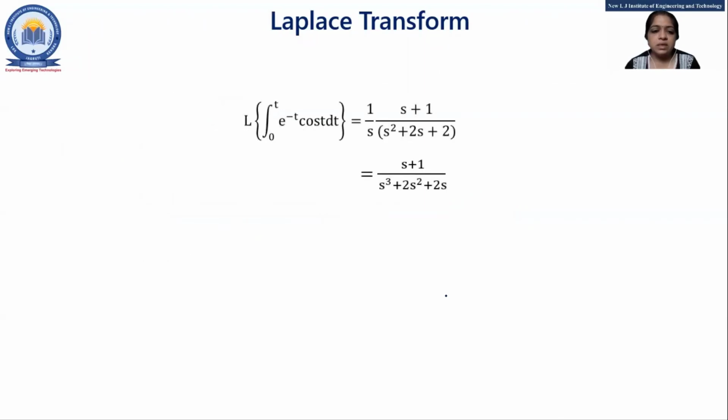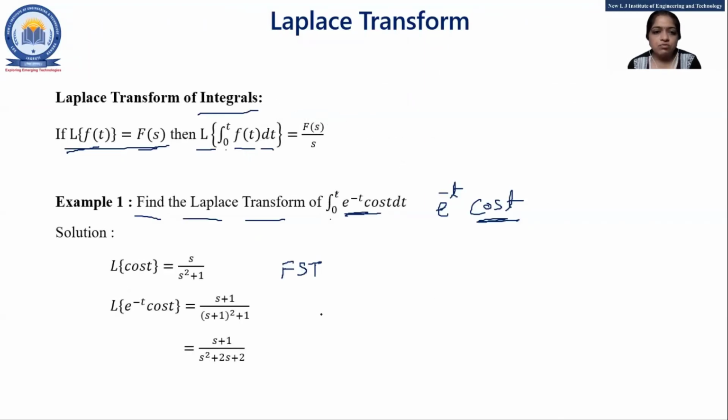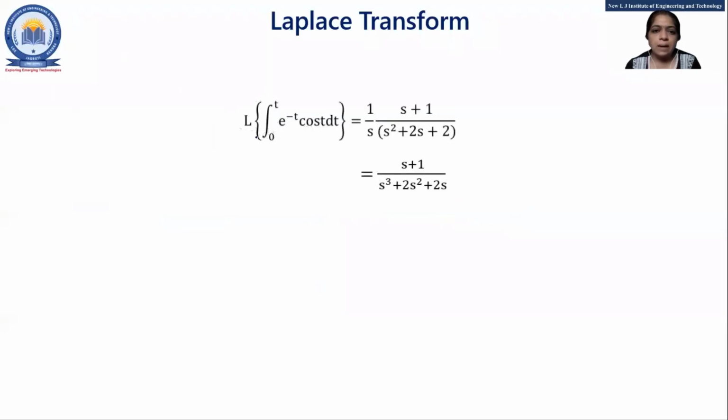But our question is to find the Laplace of integral 0 to t, right? So the Laplace of integral 0 to t e raised to minus t cos t dt, we have to just put s in the denominator, and whatever the Laplace of our function of t is there.